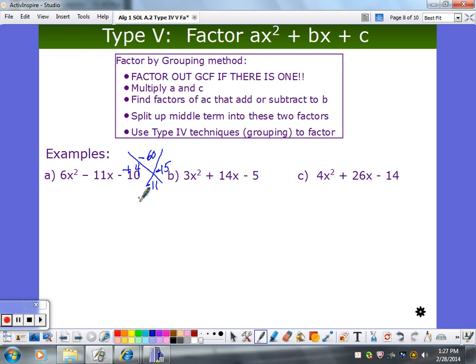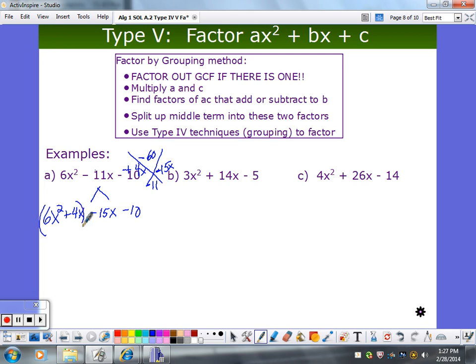Who's negative? 15 and 4. The negative is the 15. So now I can split up my middle term. 6x squared, and if you want to put the x's here, you can, just to remind yourself, plus 4x minus 15x minus 10. Does this 4x minus 15x negative 11x? Yes, so I split it up right.